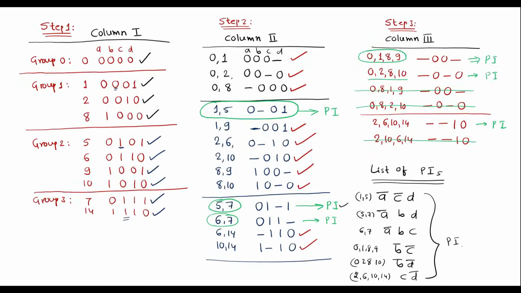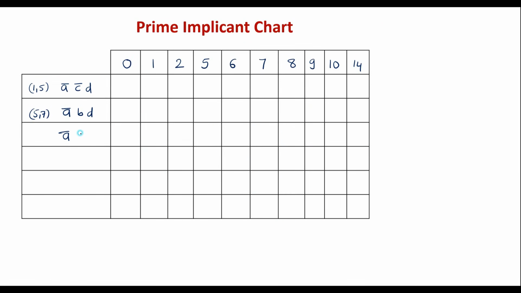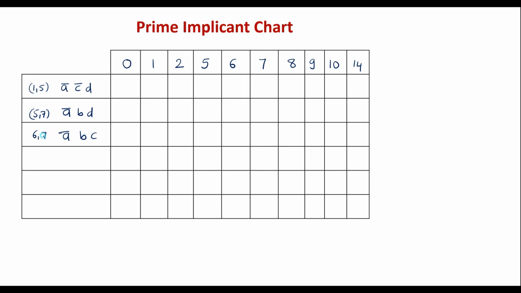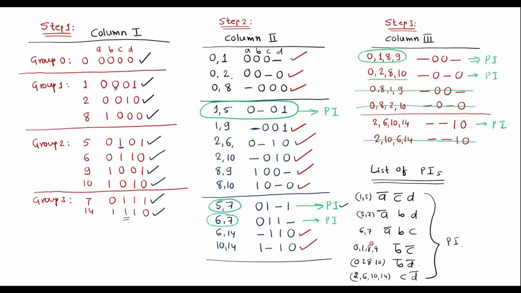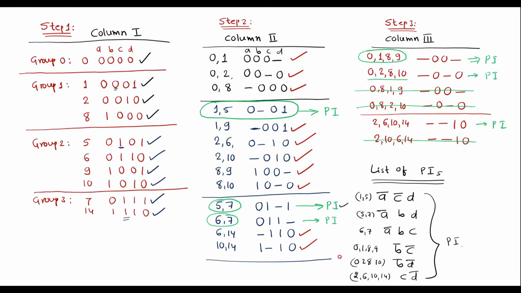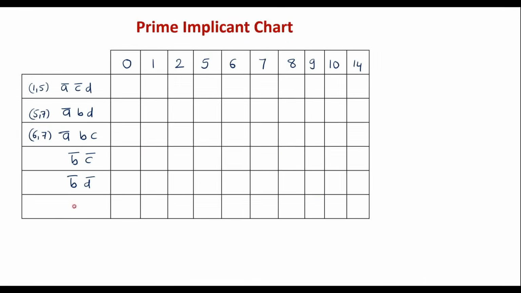The third one is A bar B C, with respect to 6 and 7. Next is B bar C bar. Next we have B bar D bar. Next we have C D bar.